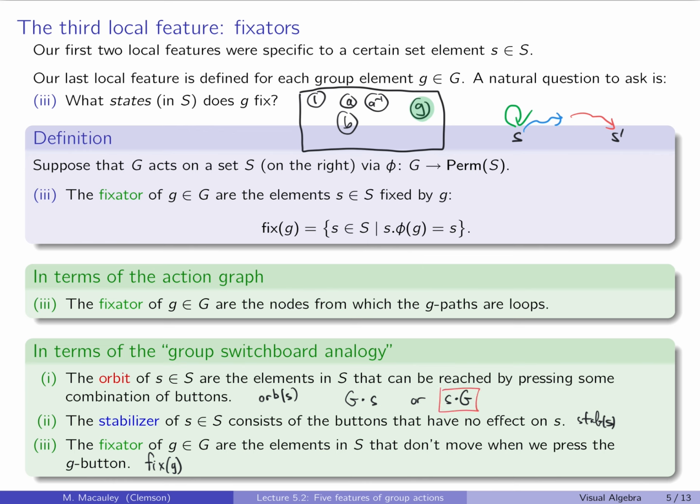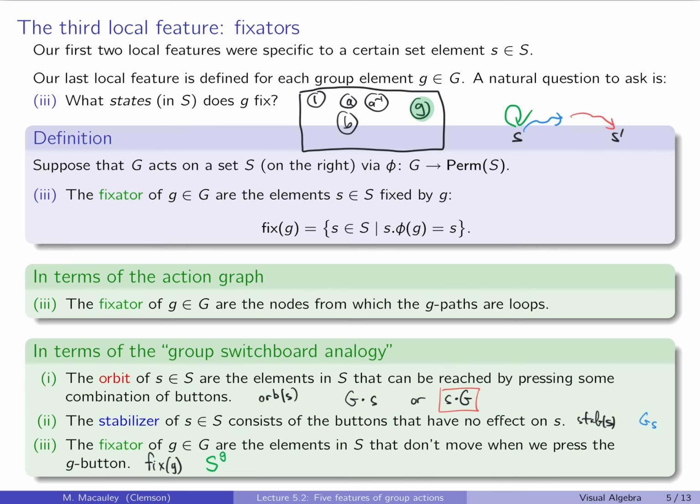It's like coset notation by starting with s and then multiplying by something in G. So this is not too bad, but there are similar notations for stabilizer and fixator that I really don't like. For the stabilizer, some books like to write G sub s. So that is the group G and the element little s. And then for the fixator, some books will write, to make sure I had this right, s to the g.